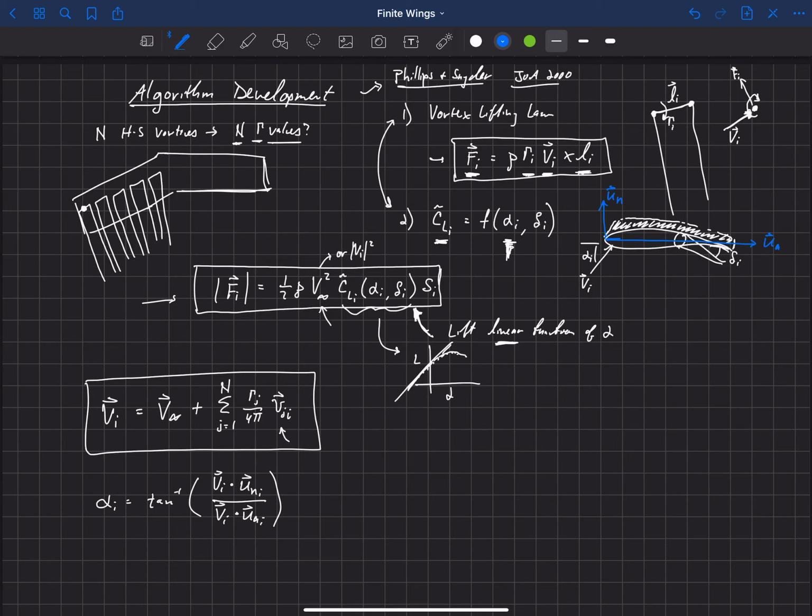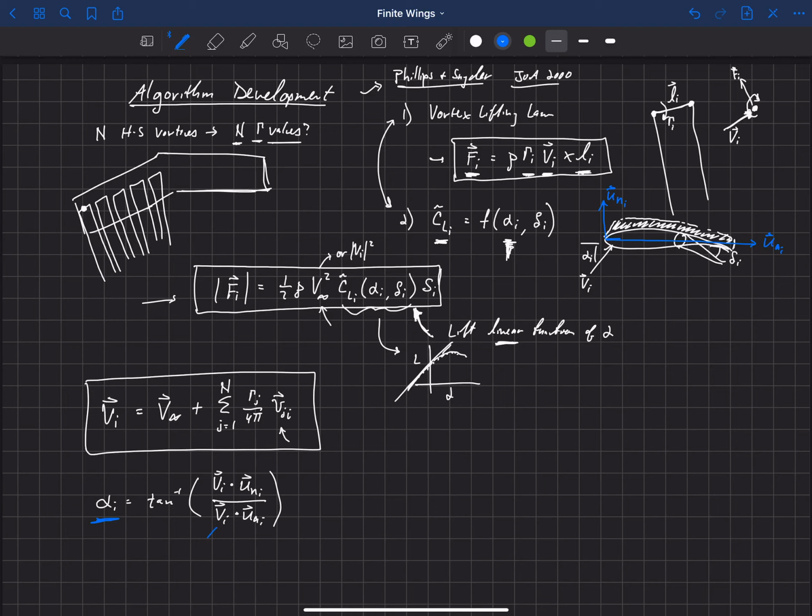These can be different for each wing section, depending on the local dihedral and twist and the different geometric properties of that wing.